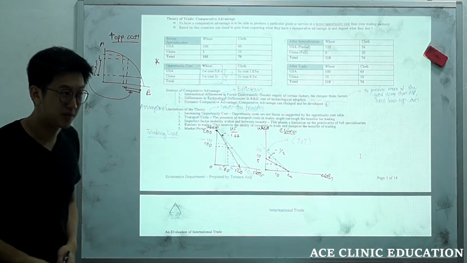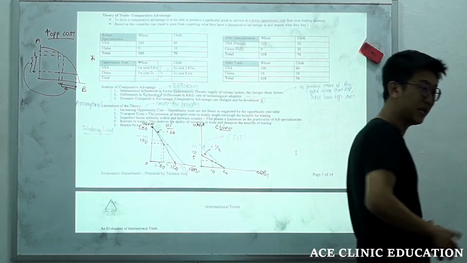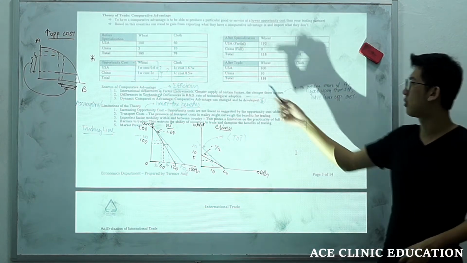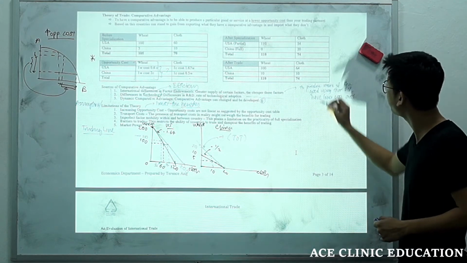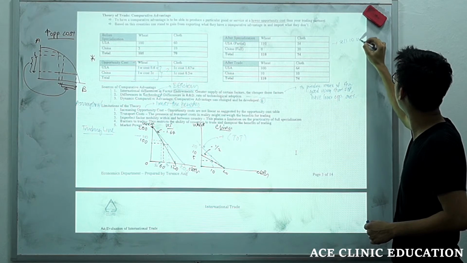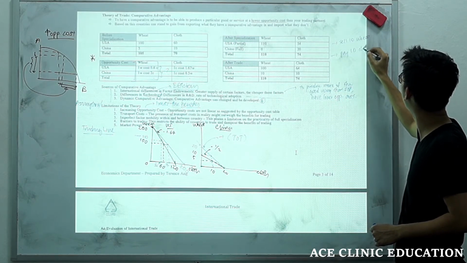Number 2, transport cost. This is a mega big deal, right? We literally didn't talk about transport costs at all. We assume, oh, you know, well, let's trade 1-to-1, right? So in this case, the US sells 10 wheat to China, China pays 10 cloth, right?